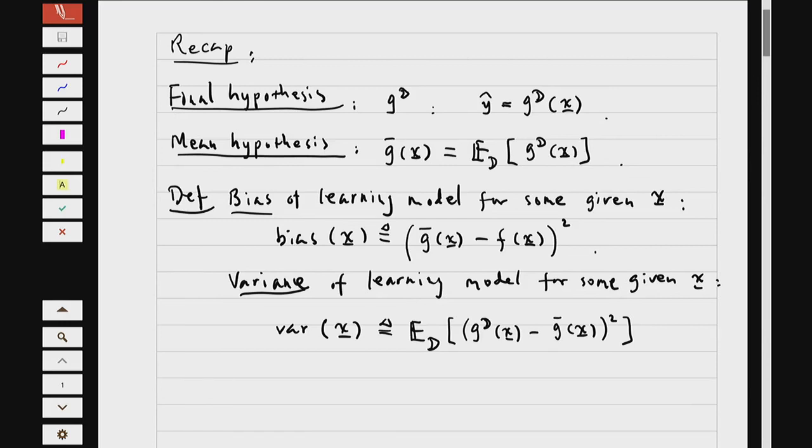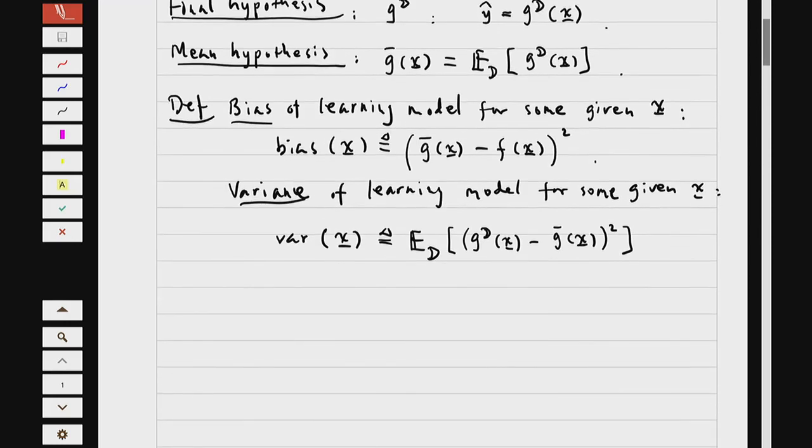And we saw an example last time, which was rushing a bit, but the example showed that the test error can be written as a sum of the bias and variance. So let's formalize this a bit. Let's first define the test error, because this thing is an average, it's a random quantity.